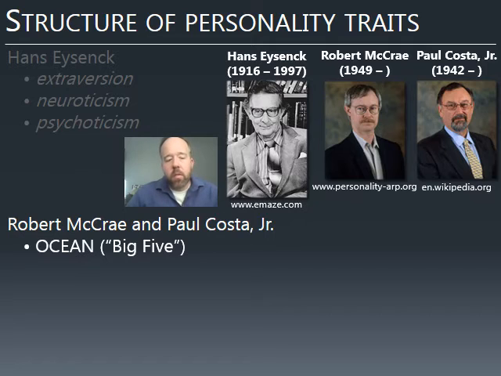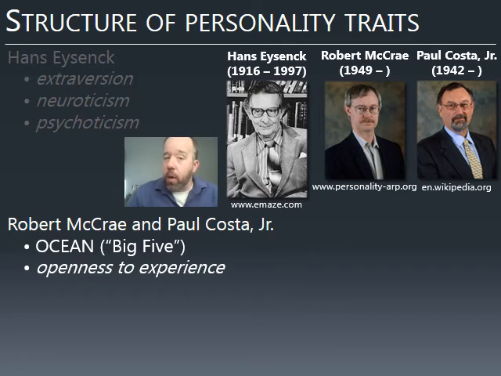So we have the OCEAN test, or Big Five, and it keeps two of Eysenck's measures. They are extroversion and neuroticism, and then it expands with three more, which are openness to experience, which is the O in OCEAN, and this is curiosity, the degree to which someone conforms to existing ideas or tries to seek out new experience or is open to new information coming in.